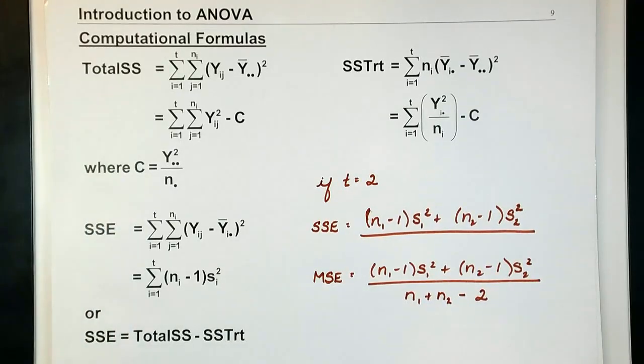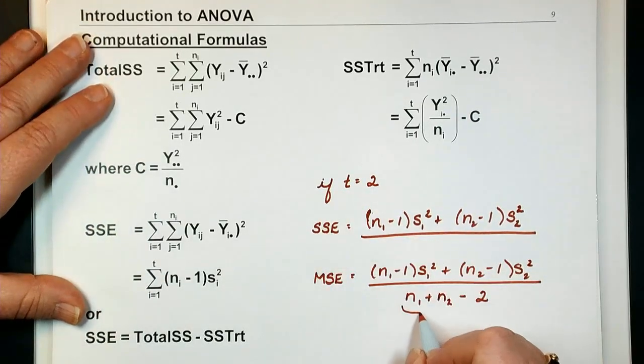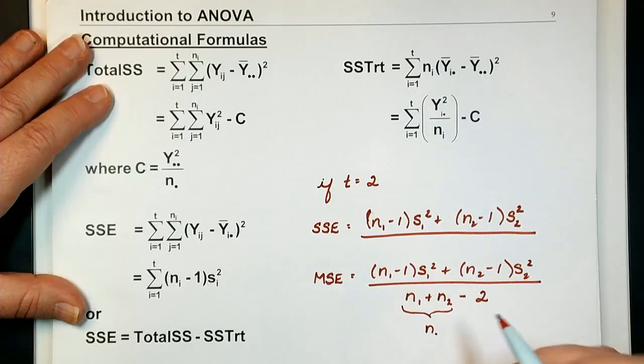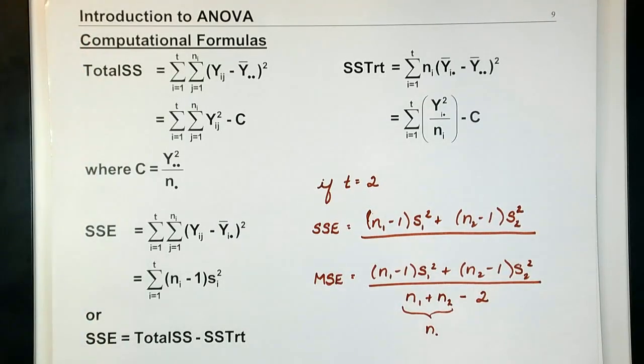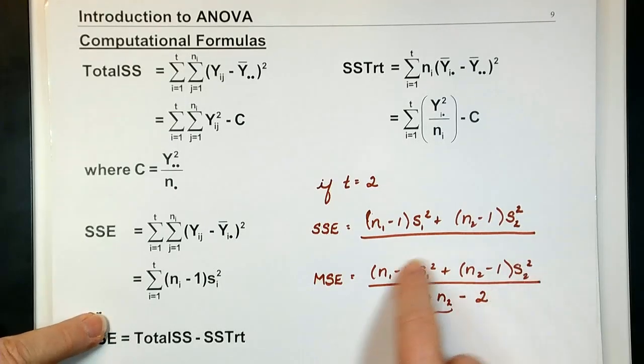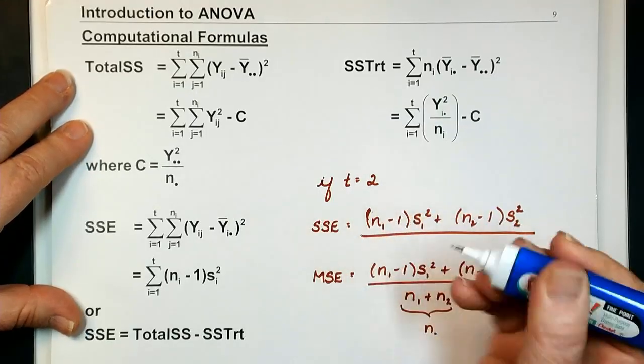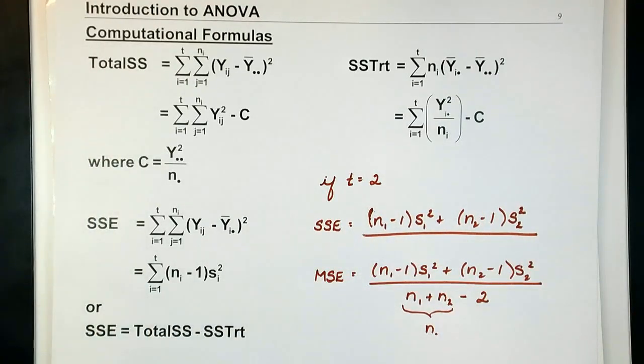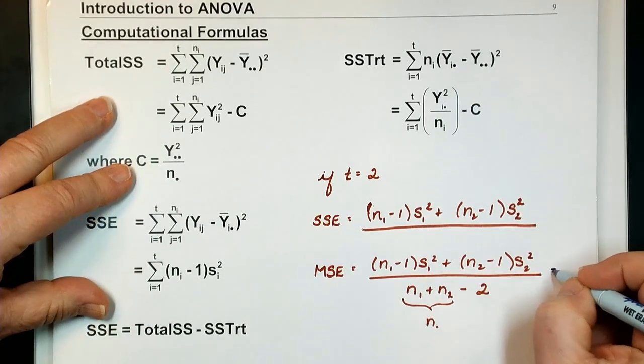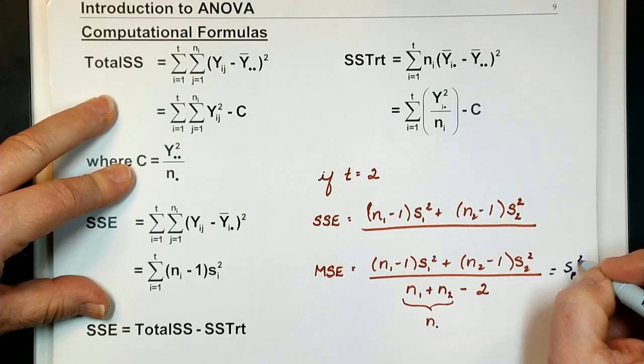So this n1 plus n2, if t is equal to 2, is equal to the grand sample size, n dot dot. Does this expression look familiar from anything we did last time? In the review material, isn't this S sub p squared?